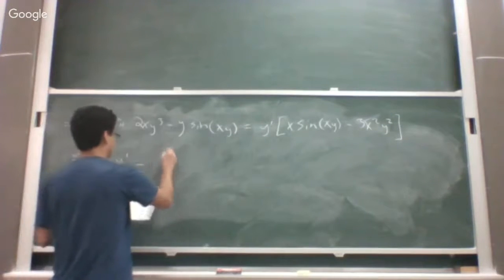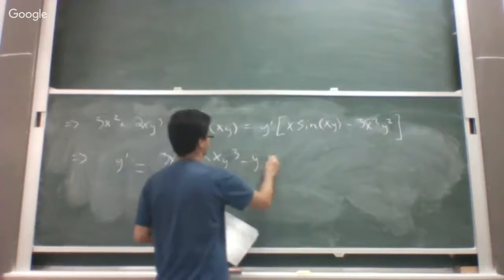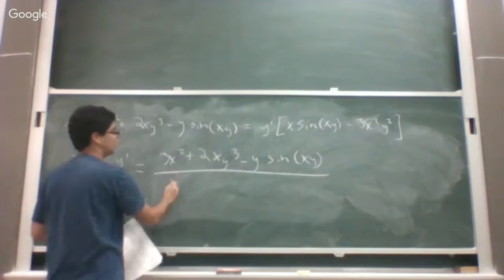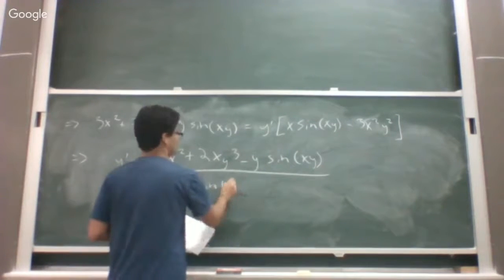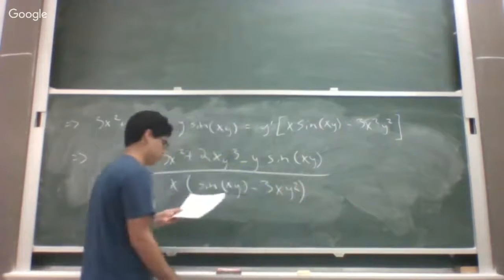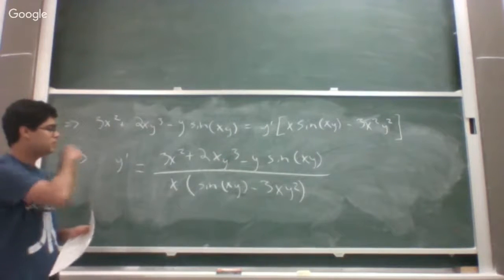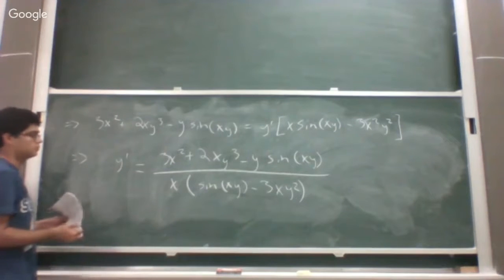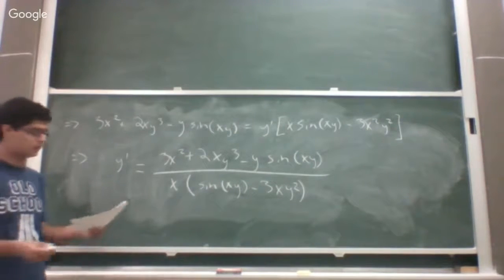We'll have 3x squared plus 2xy cubed minus y sine of xy divided by x. We can factor that out, and the quantity of sine of xy minus 3xy squared. I took out an x to simplify it. Any questions on that? So this is what you did in Calc 1.